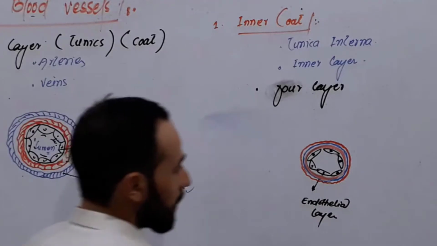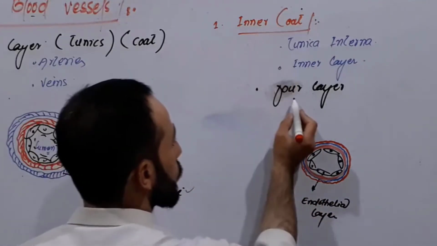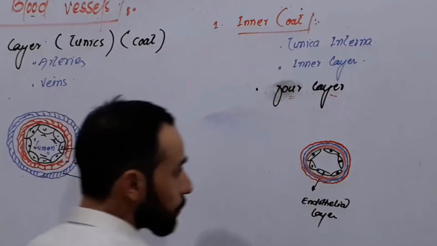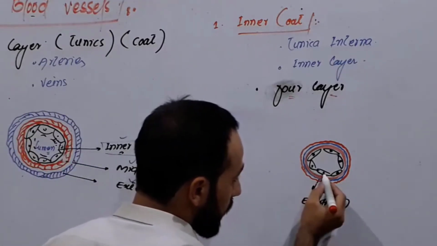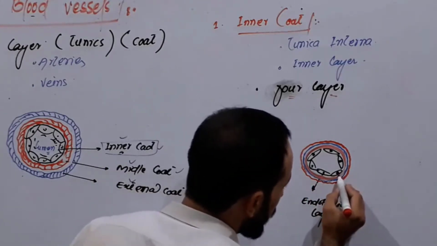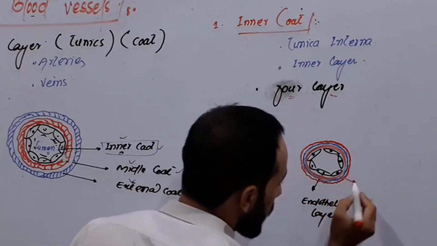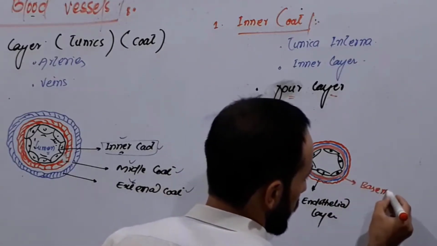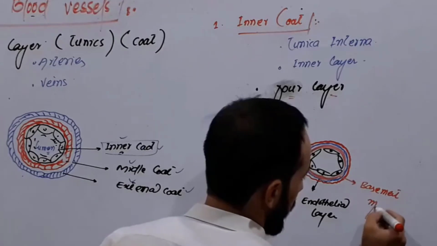So what we have learned up to now is that this inner coat is made up of four sublayers. What are those four sublayers? The first, the innermost, is the endothelial layer. Then above the endothelium there is the basement membrane.